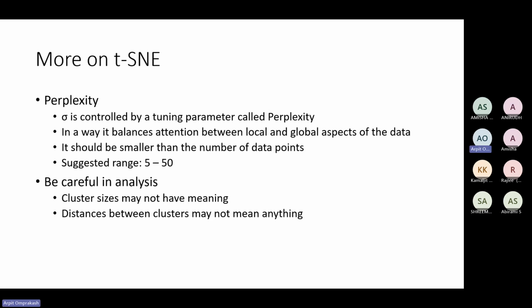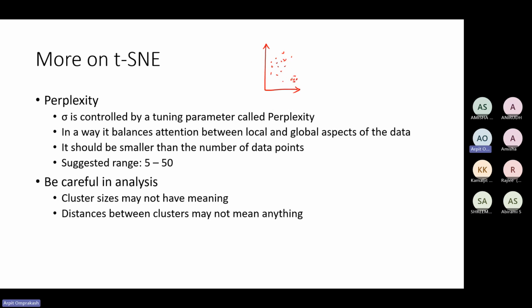The other thing is when we are carrying out analysis using TSNE, let's say you have some data like this. You have basically two groups in your data.